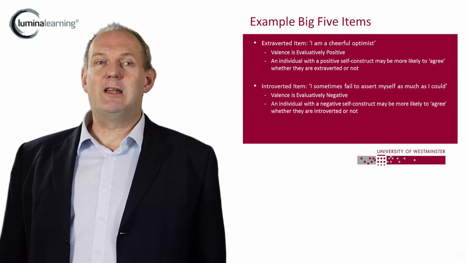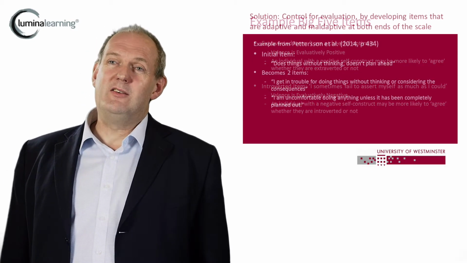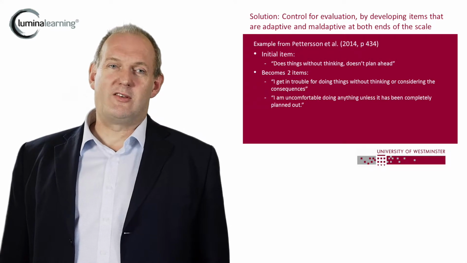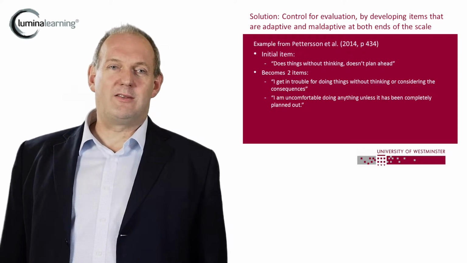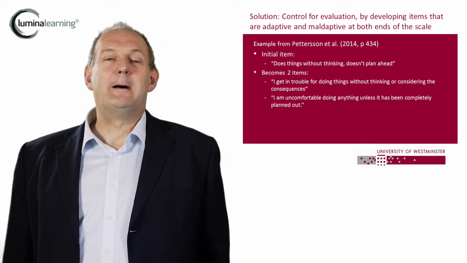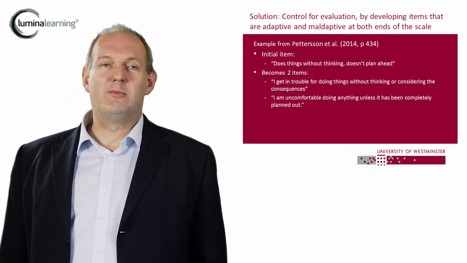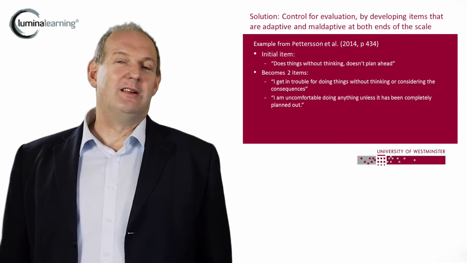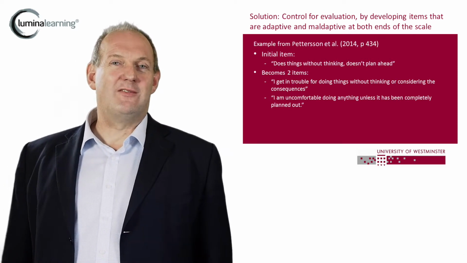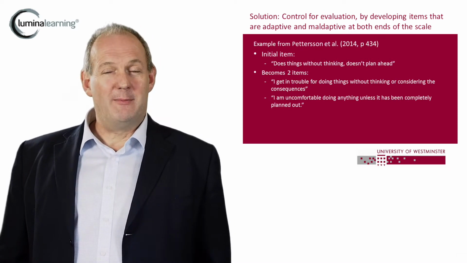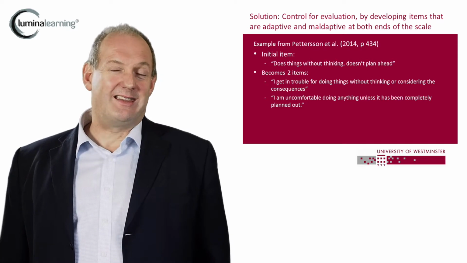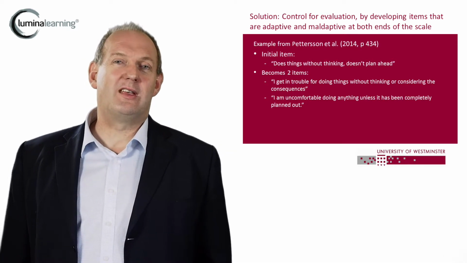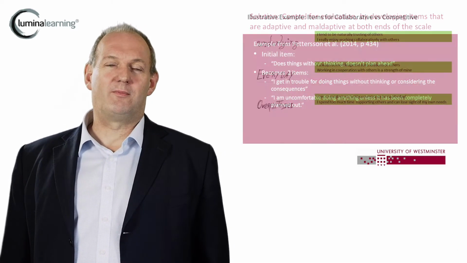You take an item and you break it into two items. So here's an example. Does things without thinking, doesn't plan ahead, can be broken out into two items. One is slightly more positive and one is slightly more negative. And this way, in the questionnaire, we're separating out descriptive content from the valence.